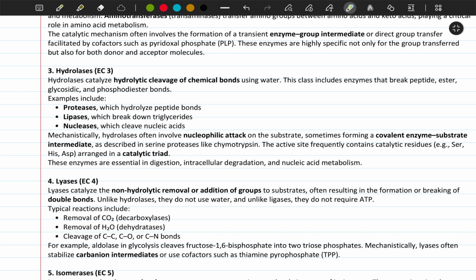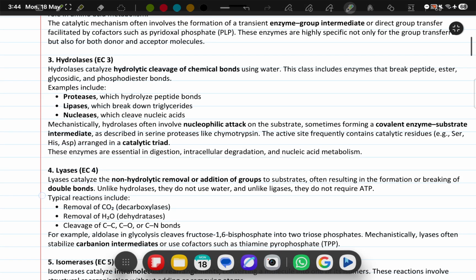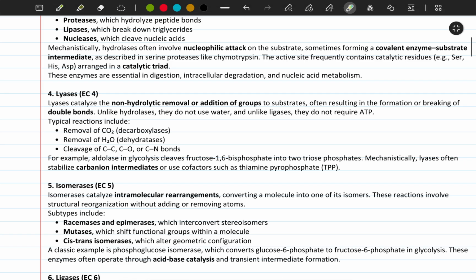Mechanistically, lyases often stabilize carbanion intermediates and use cofactors such as thiamine pyrophosphate, TPP. Wow. So we are seeing a difference here. No water is used, no ATP is used. We are removing carbon dioxide, decarboxylases. We are removing water, H2O, dehydratases. We are cleaving C-N bonds.